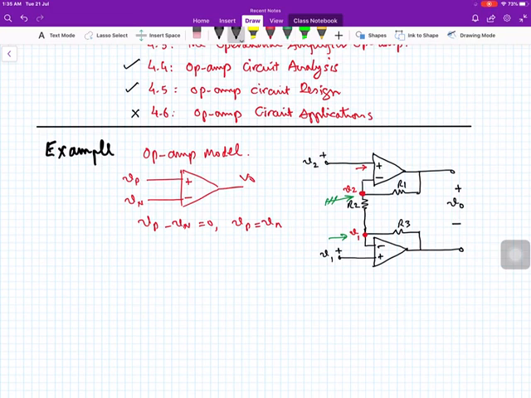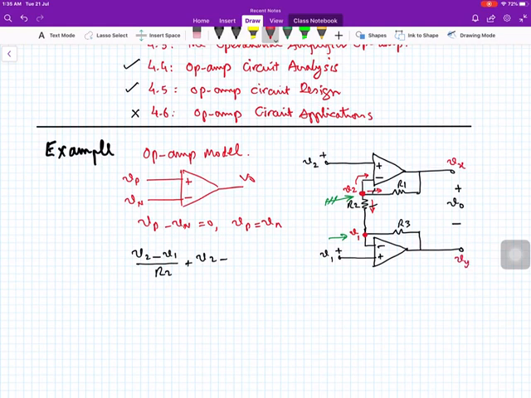Writing the node equation, you know that we assume all the currents are flowing away from the node, and there are 3 branches connected to this node. This current is V2 minus V1 divided by the resistance R2. What is this current? This is V2 minus Vx, so let us label this node Vx and this node Vy.